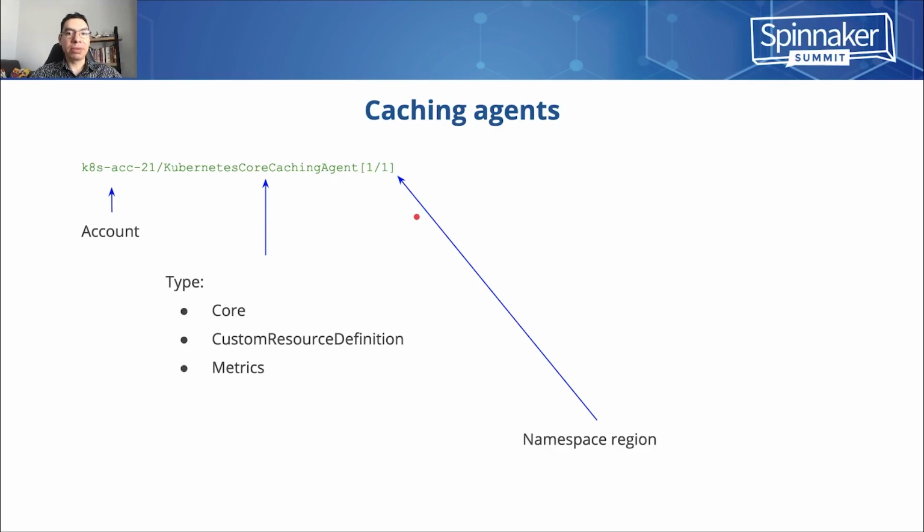By default, the caching agents will only have one thread for caching all namespaces. But we can change a setting in the Kubernetes account configuration to increase this number and spread the load of caching a single account over several threads, depending on the number of namespaces. And we'll get to that in a moment.